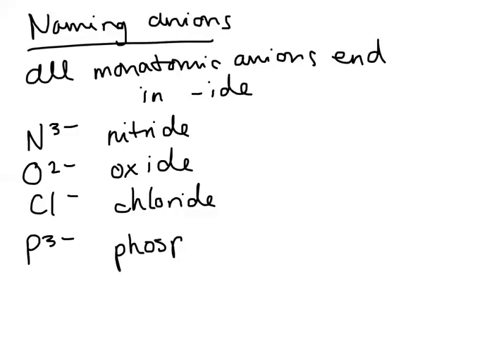Now this is where cations and anions differ. For example, sodium can refer to Na or Na+. So it can refer to the neutral state or the charged state. However, chlorine refers to the neutral state. Chloride refers to the charged state. So if you say chlorine, you mean Cl.